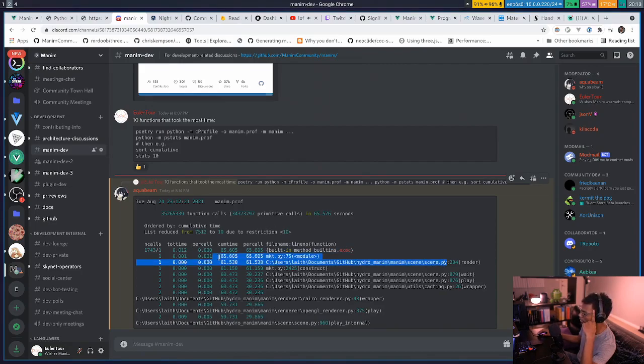Like the render function, I can see that, but that's kind of a large function. It's weird that wait would take a lot of time. I guess during the wait, it probably has updaters. Mm-hmm. Then play and then wrapper.